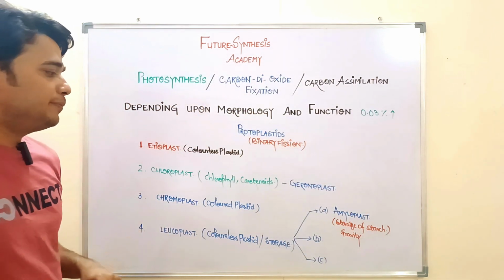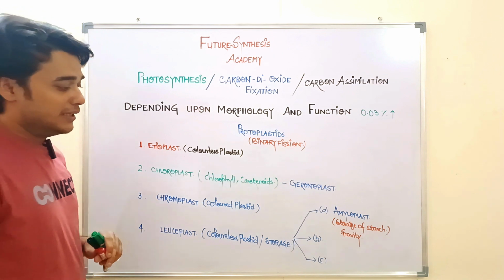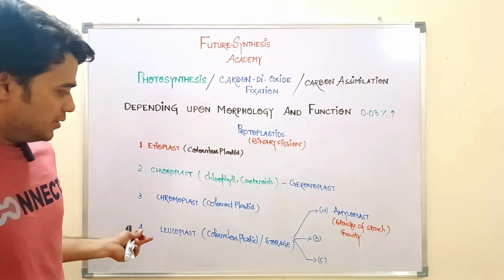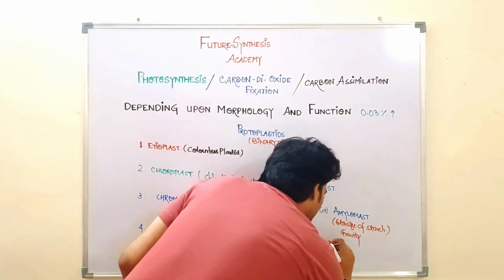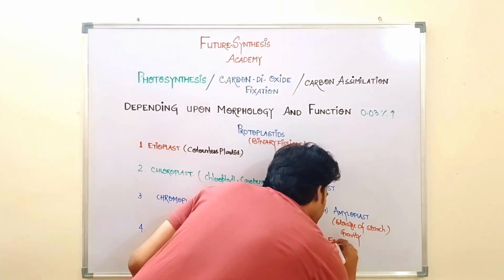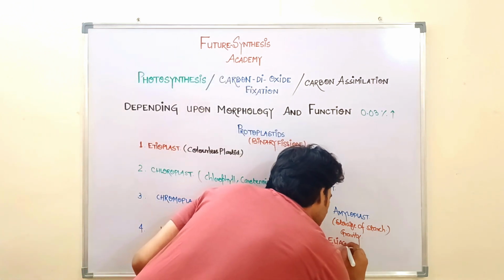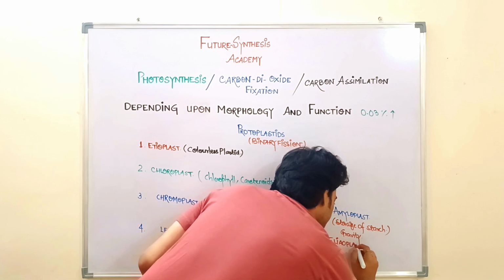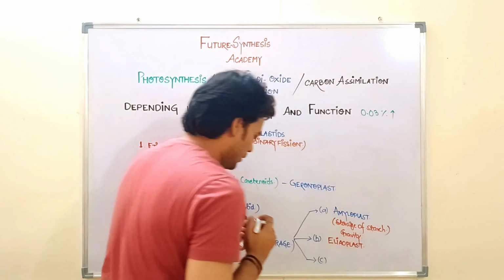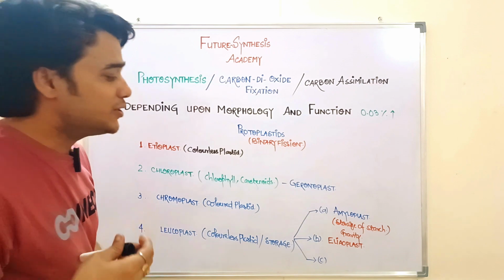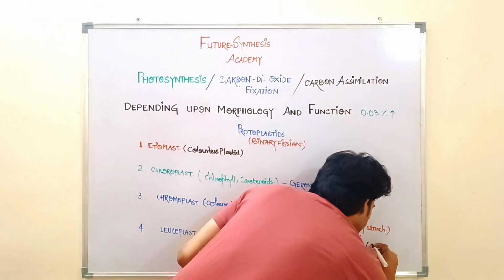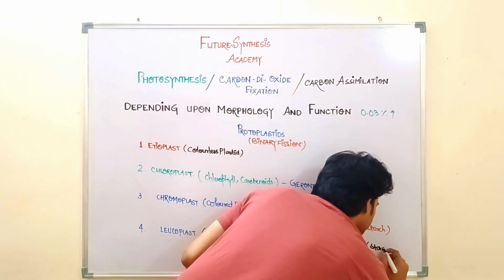Now another kind of plastid related to the leucoplast is the ELAIOPLAST. In the ELAIOPLAST, storage of fat happens.